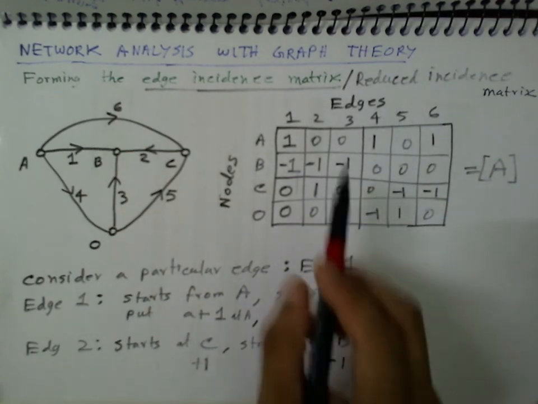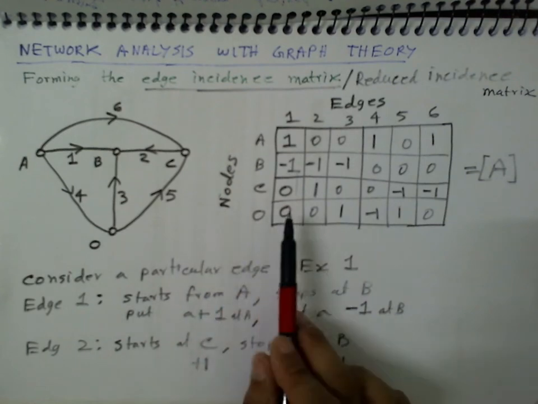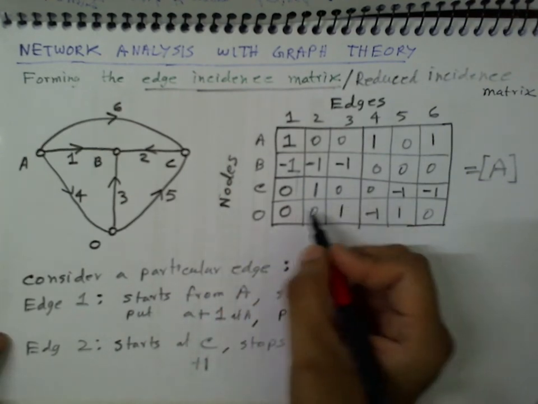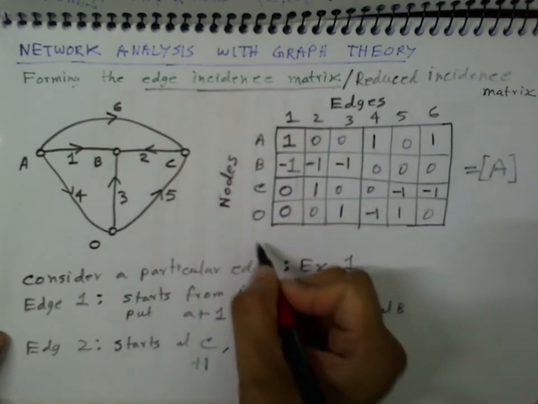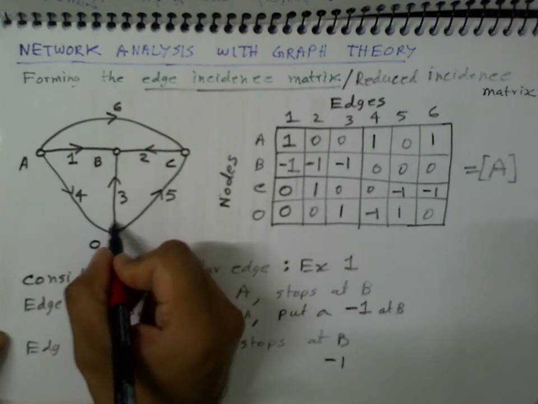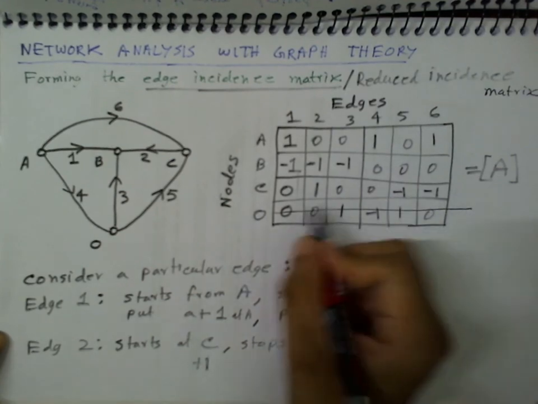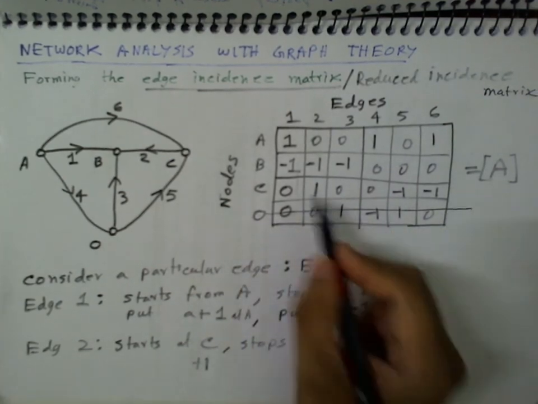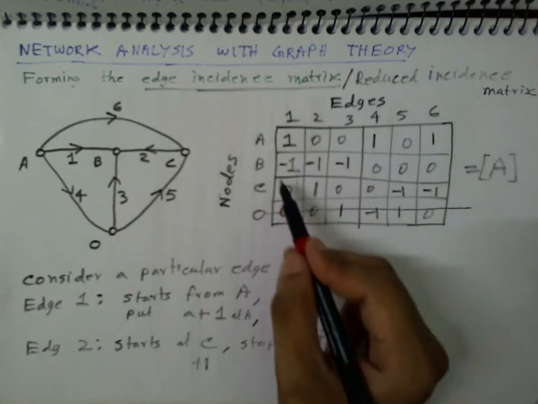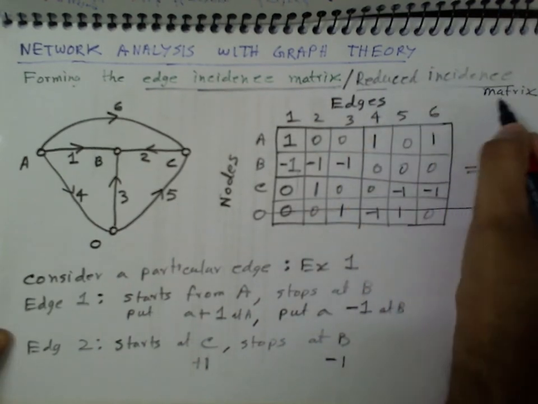I will tell you that now. In this matrix, if you remove any one particular row, any one node, you choose any node in this circuit. Let me choose this one, and I remove the row corresponding to this particular node. Then the remaining matrix, which is now 3 by 6, is called a reduced incidence matrix.